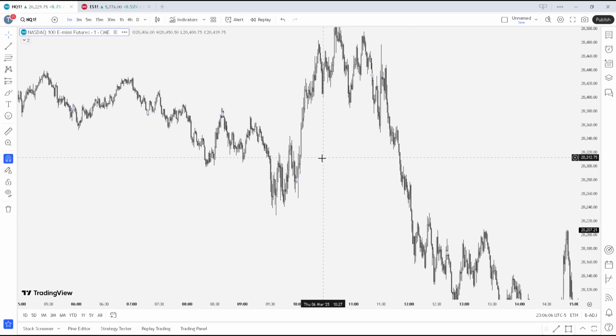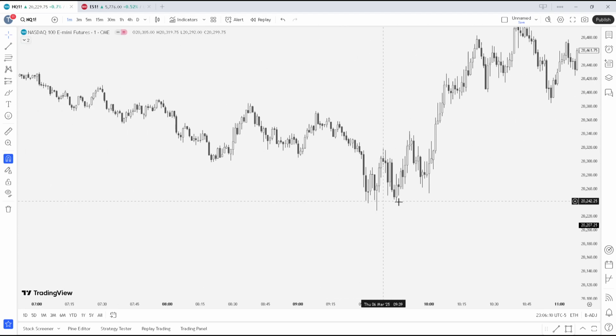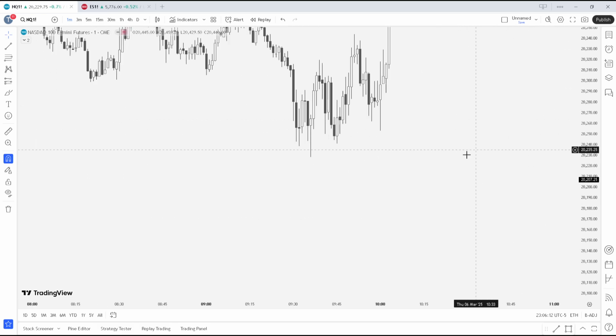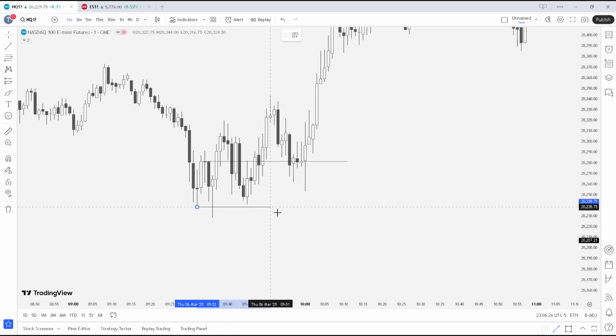Let's take a look at something like this. So here we have a breaker block, and a breaker is basically the last up closed candle before we get a liquidity sweep. So we have a liquidity sweep here.